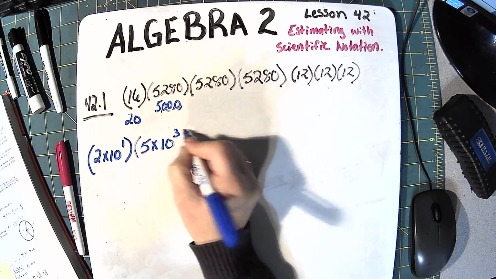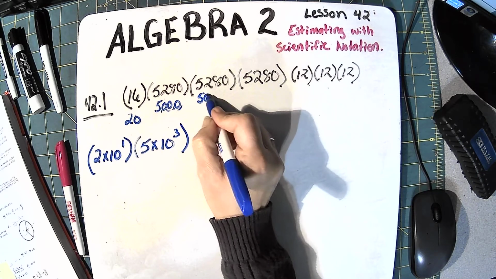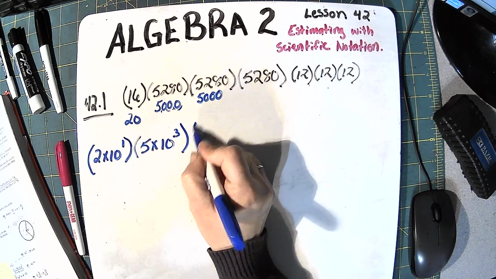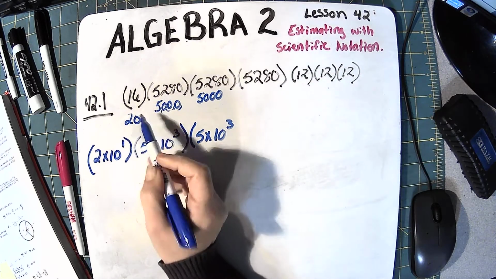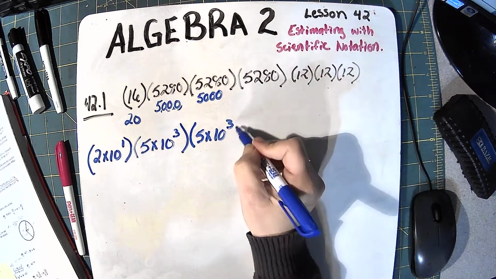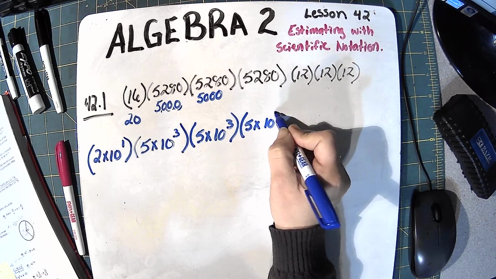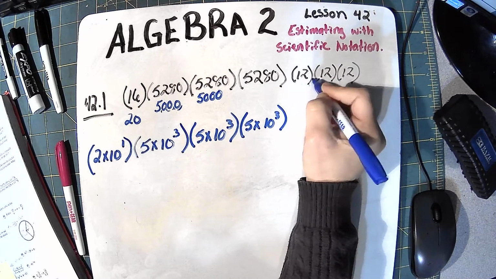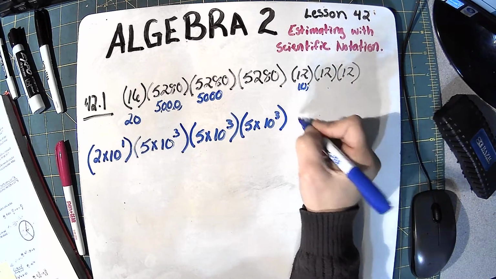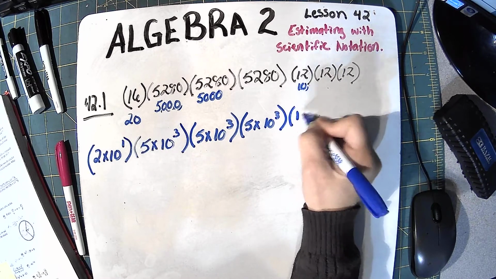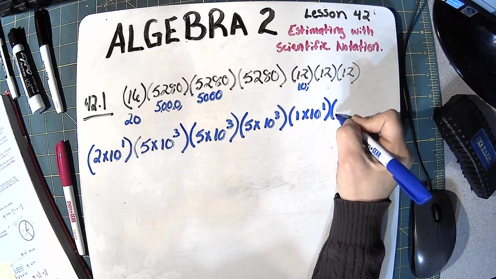This one we moved back 1, that's why it's 10 to the 1, and this one's going to be the same thing, 5 times 10 to the third. For the 12s, these are about 10, and we move it back 1, so we say 1 times 10 to the 1, and we're going to do that 3 times.